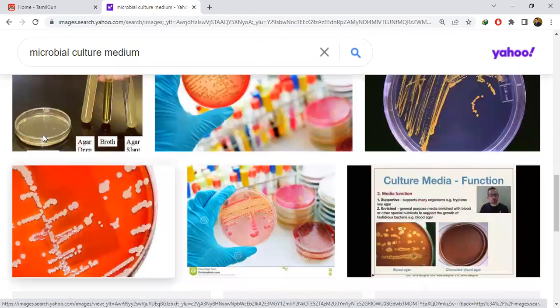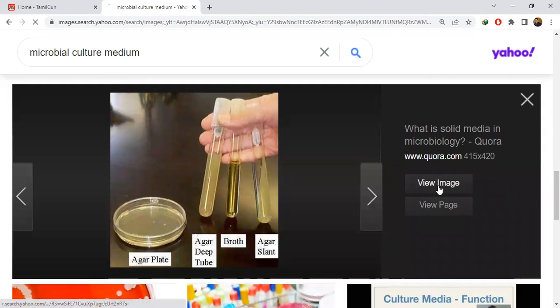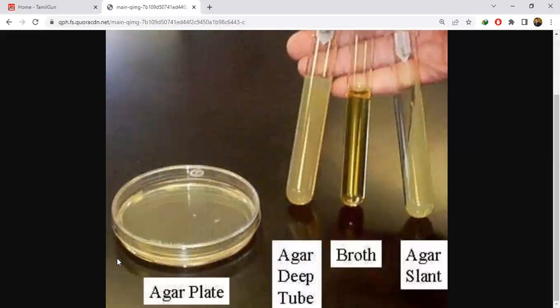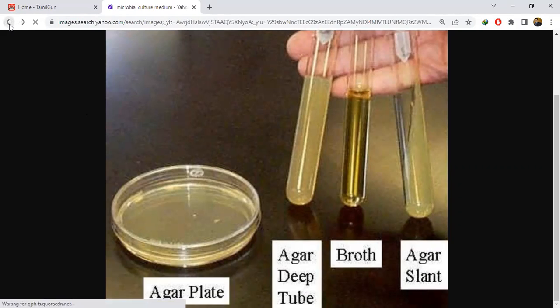I'll choose this one. You can see here a jelly-like material. It can be added to a petri dish, a test tube, or a conical flask; that is not a matter. That jelly-like medium is the culture medium.